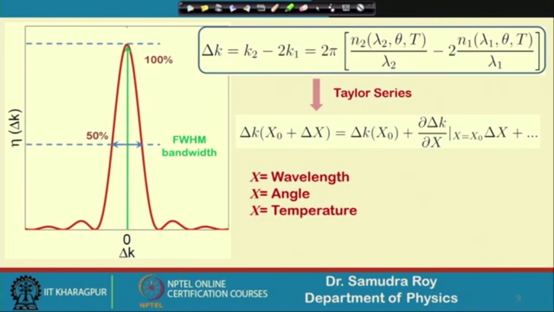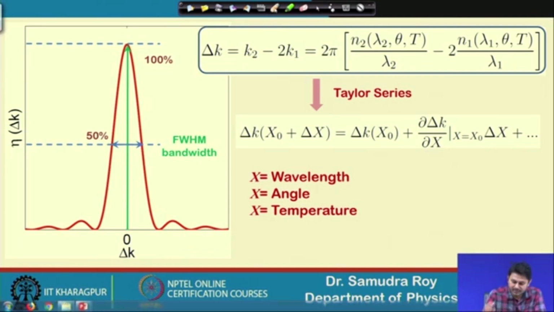If I write this propagation constant in terms of refractive index, then k is 2 pi by lambda into refractive index. In free space n is 1, so we have k equal to 2 pi by lambda, but if the medium has some kind of refractive index, then we can write k equal to 2 pi by lambda into n.